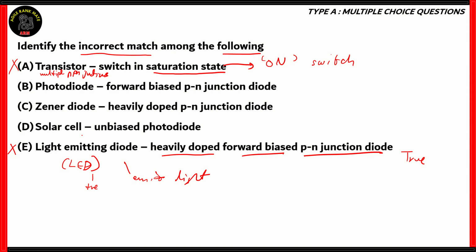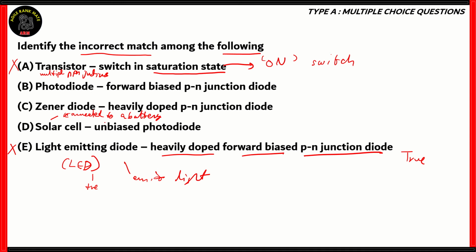Option D is solar cell. Now, in a solar cell, light hits the semiconductors, but there is no bias. Basically, a solar cell is not connected to a battery or a voltage source.